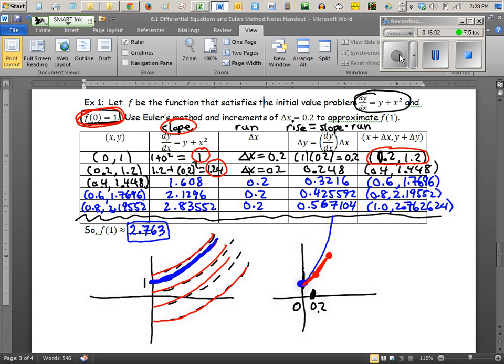You know you want to run by 0.2, so now you're over here at 0.4, and you can calculate how much rise there was by using slope times run. So it turns out now you're at the second point in the table, see? And you just keep doing this, and eventually you get out here to 0.6 and 0.8, and finally 1.0.